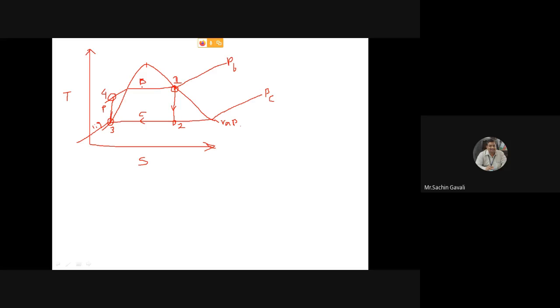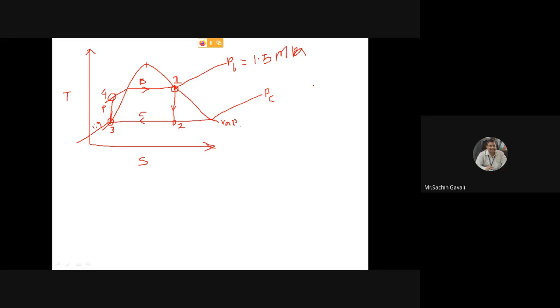Now here boiler pressure is there. How much is P boiler? 1.5 megapascal. But in steam table, in which unit are pressures given?